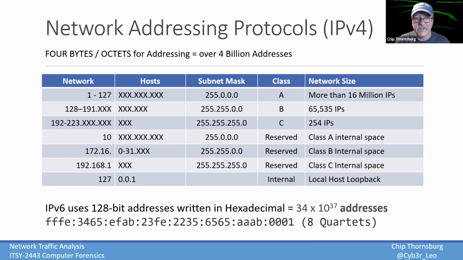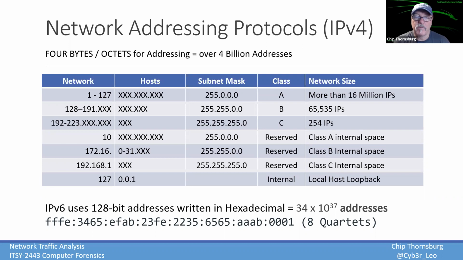Most organizations are not going to need that many internal IPs, but they use it pretty considerably for subnetting out networks. And if we see 172.16 and then .0 through 31, that's reserved space. That's a Class B internal. So Class B internals could hold, again, up to 65,535 addresses.